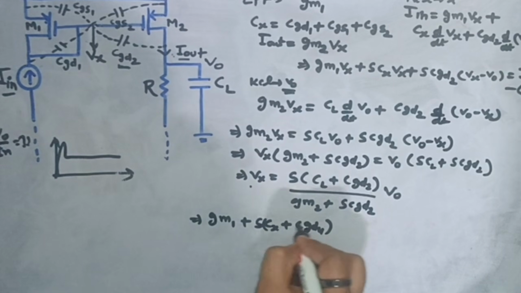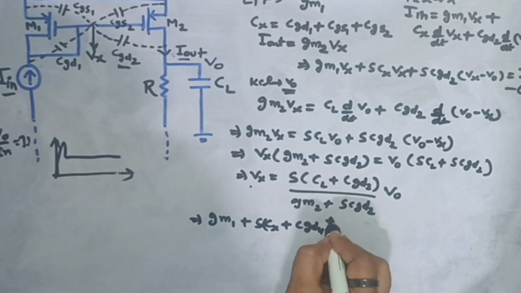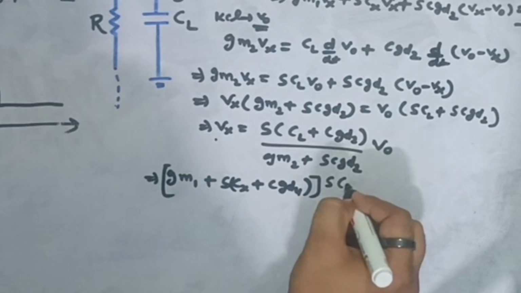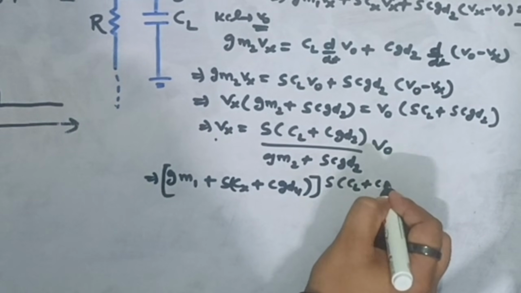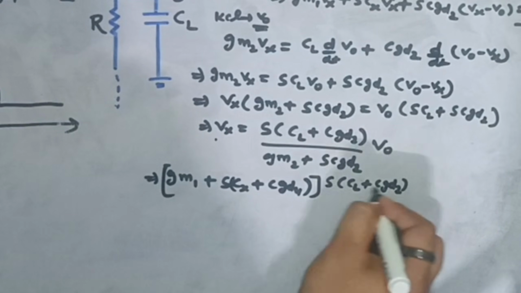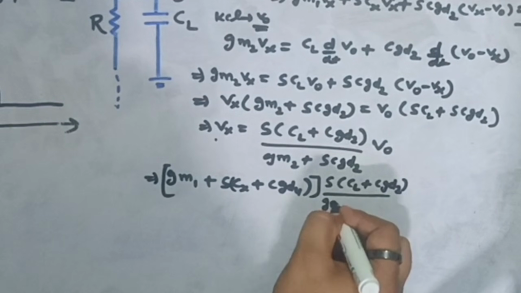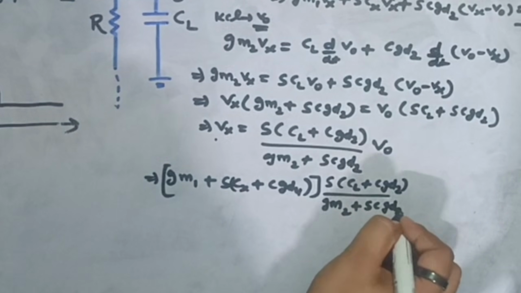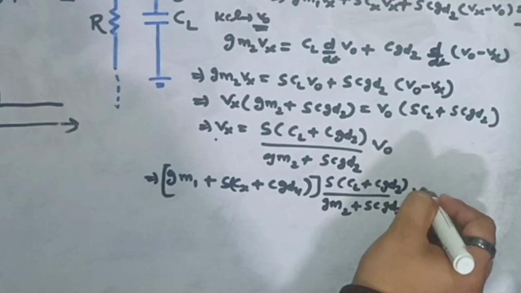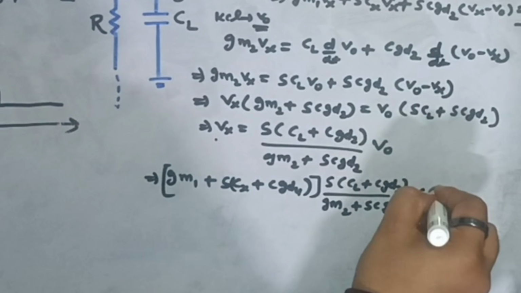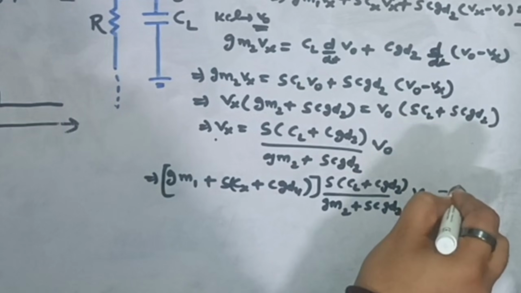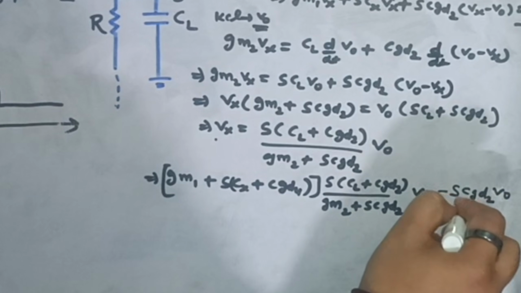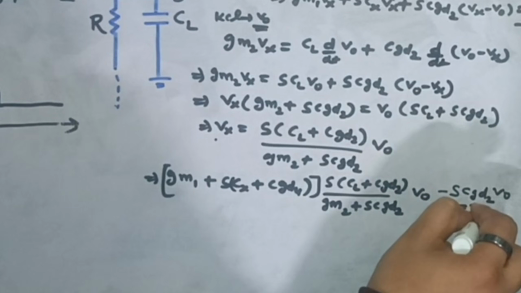This s can also be taken as common, into s into (CL plus CGD2) divided by (gm2 plus s into CGD2), into V naught, minus s into CGD2 V naught, equal to I in.